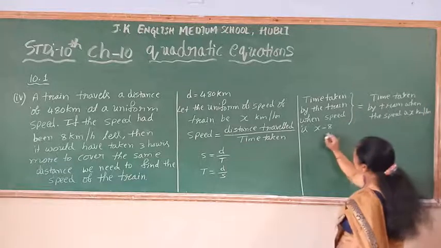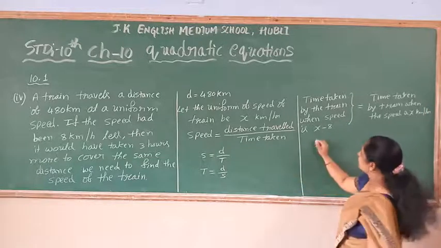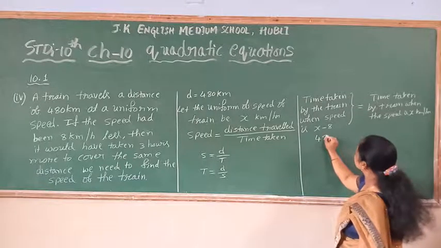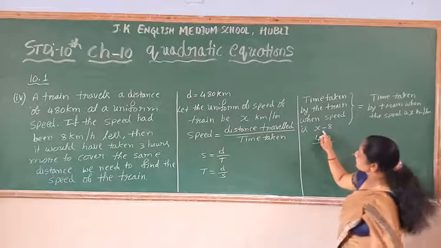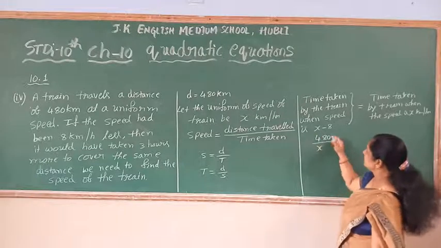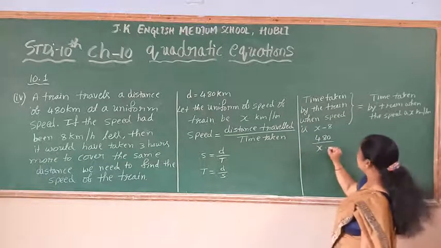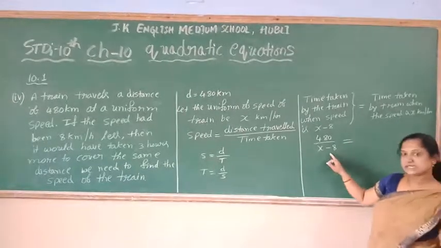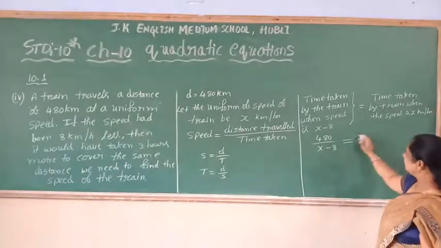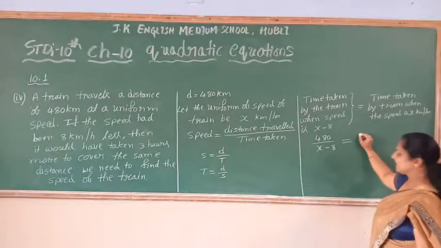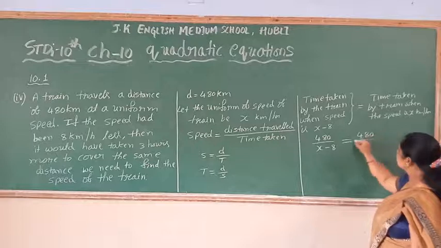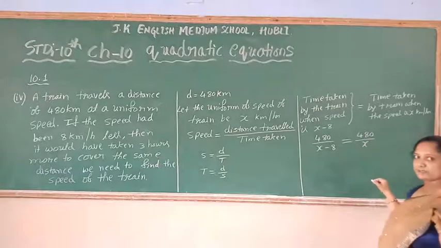See now, according to this formula I can write it, the distance traveled is the same, that is 480 kilometer, divided by x minus 8, when the speed is less compared to x kilometer per hour. When the speed decreased by 8 kilometer per hour, that time it has taken here, compared to the time to travel the same distance with the speed x kilometer per hour.